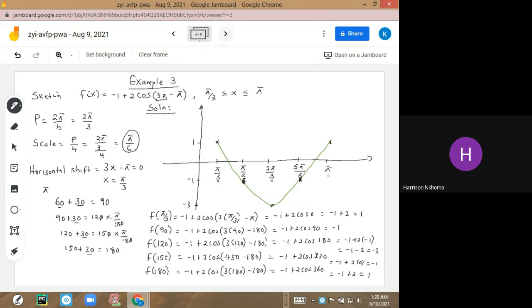Here, are we not using the vertical shift? It has been used. Where was the graph supposed to be?